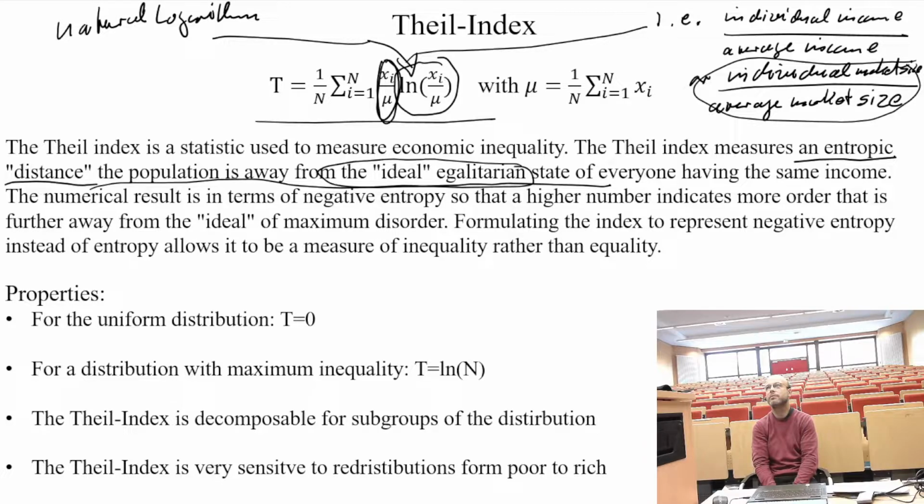This comes also from information theory, where you ask the question how disordered is the information you have, and this is in general calculated via the natural logarithm. This interpretation comes also from physics, where you have some system and you ask for the disorder of this system.